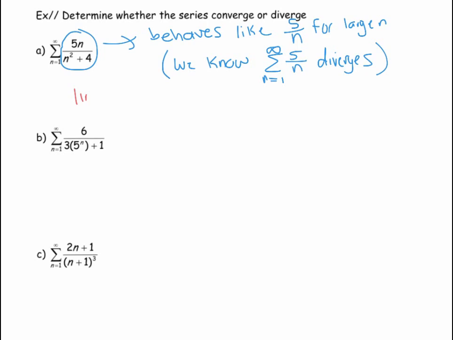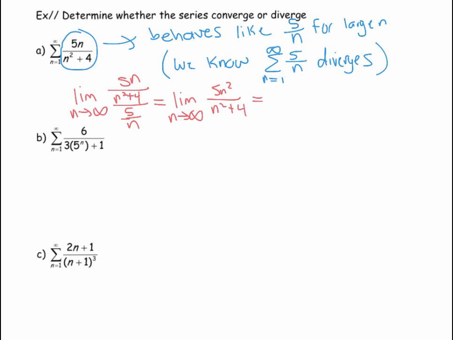If we take the limit as n goes to infinity of 5n over n squared plus 4 divided by 5 over n. Okay, so I'm taking the limit of the sequences that are associated with these series. Well, that equals, after a little simplification, 5n squared over n squared plus 4.